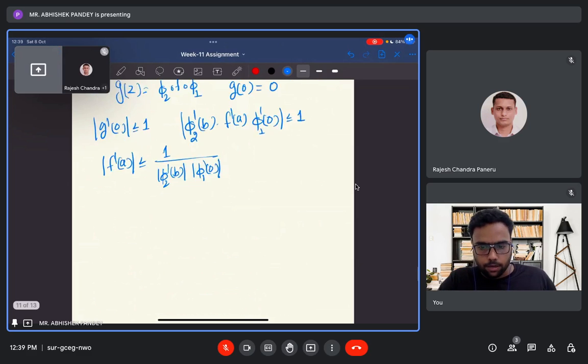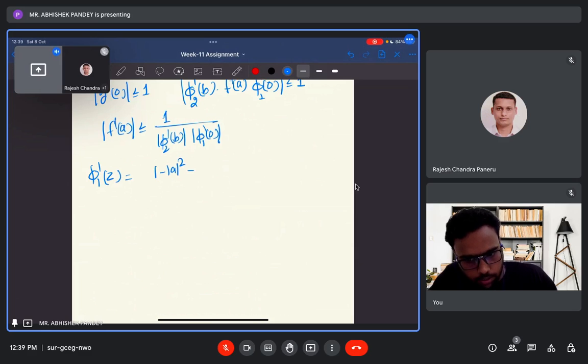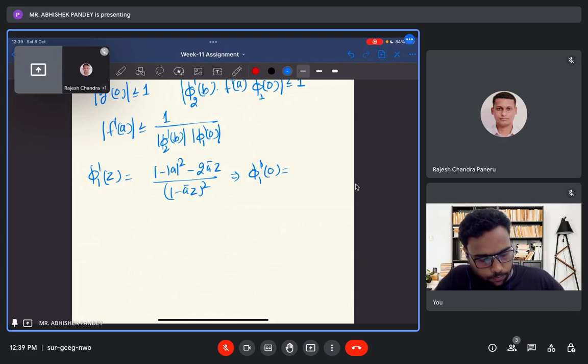If you calculate, phi 1 dash z is 1 minus mod a square upon the square of 1 plus a bar z, so phi 1 dash 0 is 1 minus mod a square.